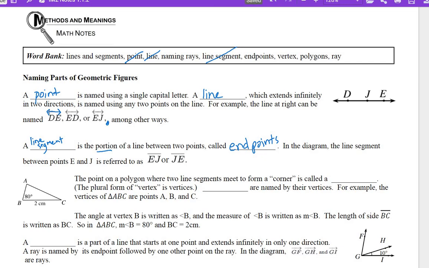So in the diagram, there's a line segment between E and J. That would just be this part. And it would be referred to as either EJ with a line on top or JE. Notice this does not have arrows, and that's because we end at the letters E and J.